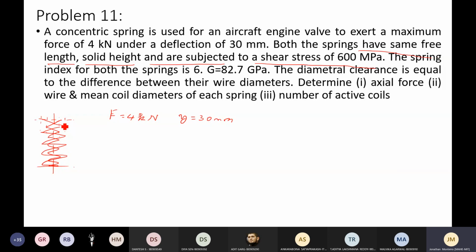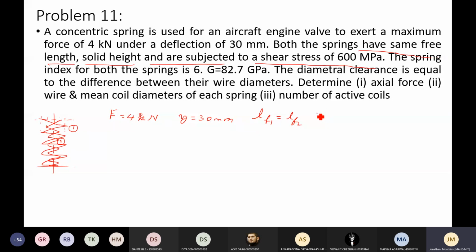In spite of their sizes being different, they both have the same free length. We saw an earlier case where the free length was different for different springs, but in this problem both have the same free length. So you can write LF1 is equal to LF2. Let the outside be the first spring and the inside be the second spring. LF1 and LF2 are equal, though we do not know what that length is.